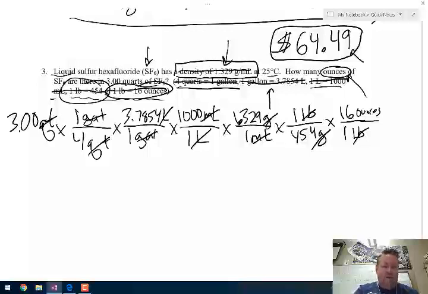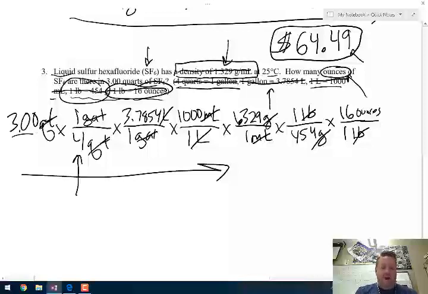So now I'm going to take 3.00. Notice the way that I do this: start from the left, just go left to right. So 3.00 divided by 4, because 4 is on the bottom, times 3.7854 times 1,000 times 1.329 divided by, not times, divided by 454, and then times 16.